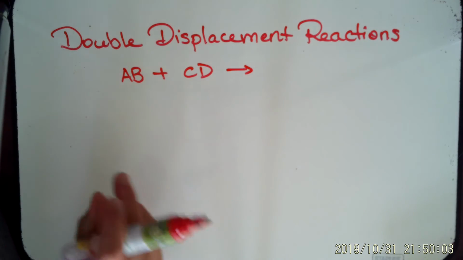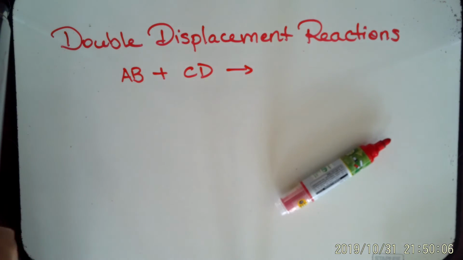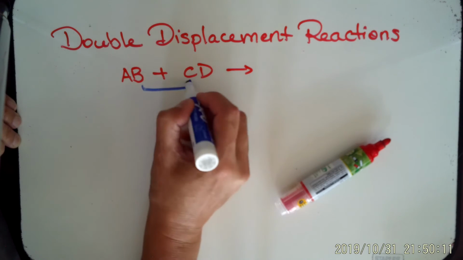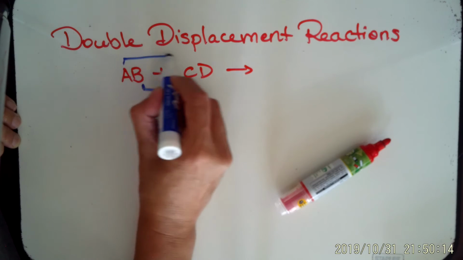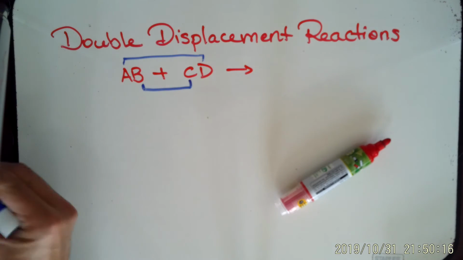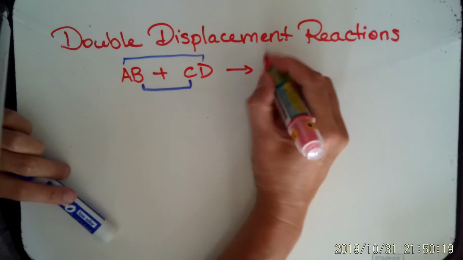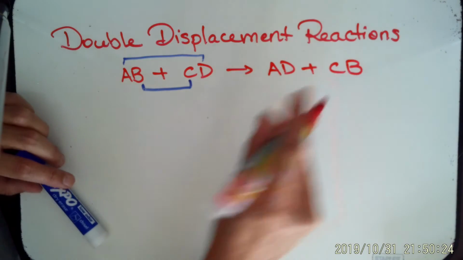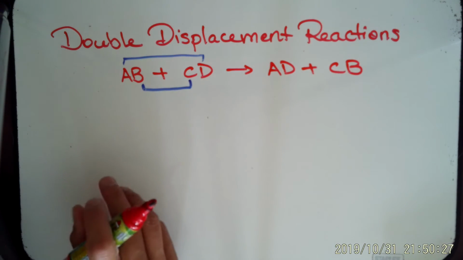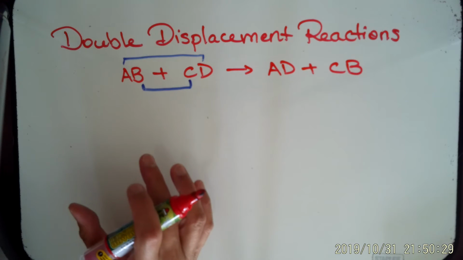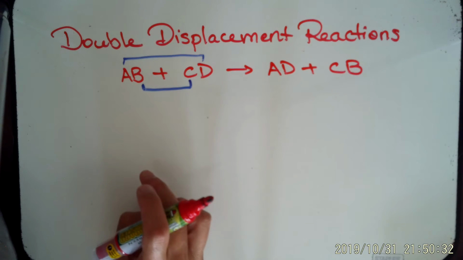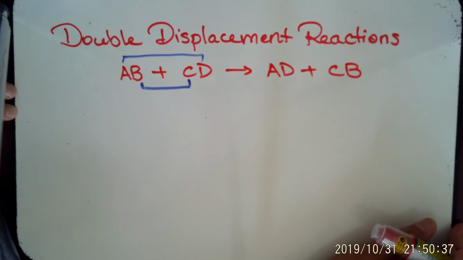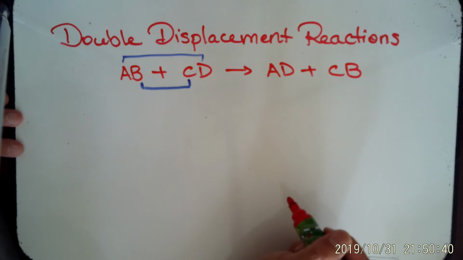Now, the reason we call it a double displacement is that C will combine with B, so it displaces A. A combines with D, so A displaces C. And you get AD plus CB. So in the previous list where we talked about precipitation reactions, gas formation, water formation, those are typically double displacement reactions. Okay? So let's go through and give you an example.